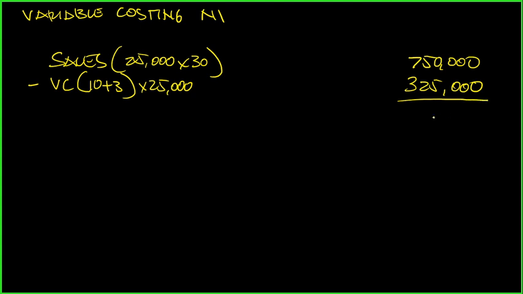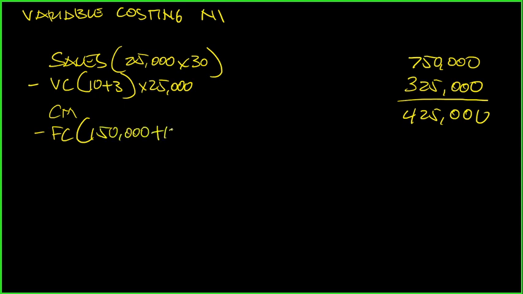Ayun, 750 minus 325, that will be 400,000, 125. Okay. Ano ito? This is your contribution margin. You will use that to recover your fixed cost. In this case, it's 150 plus 100.